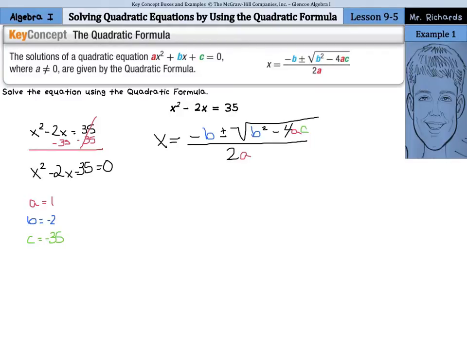And now we need to make our substitutions in. x is going to equal, well, the negative b, the negative of negative 2, is just a positive 2.